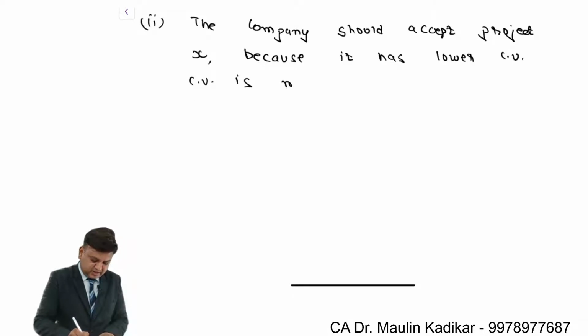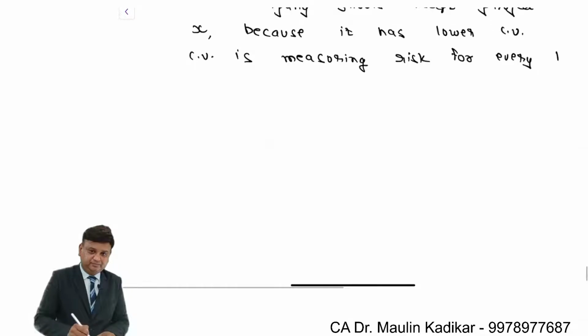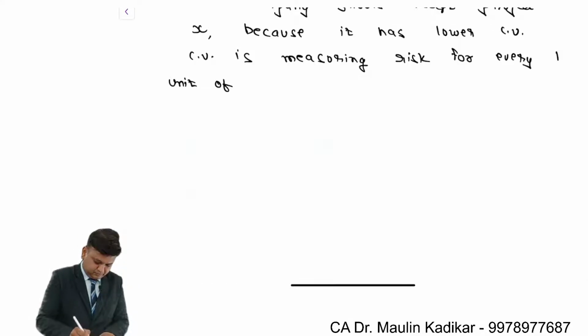CV is measuring risk for every 1 unit of return. Full stop.